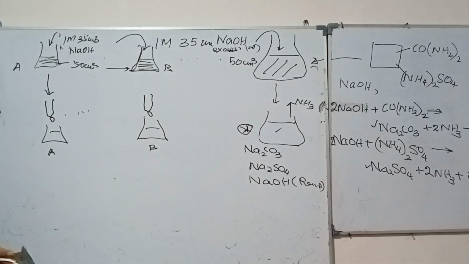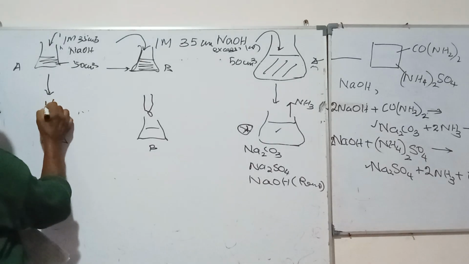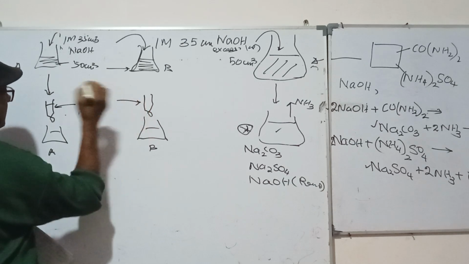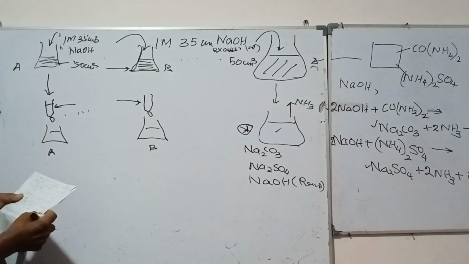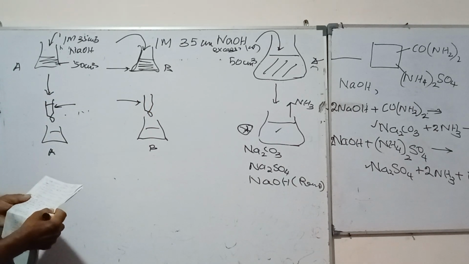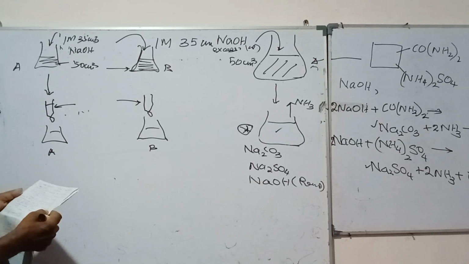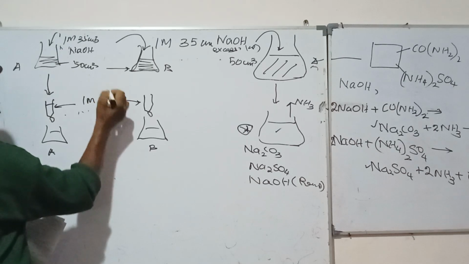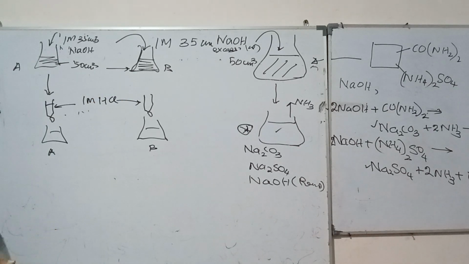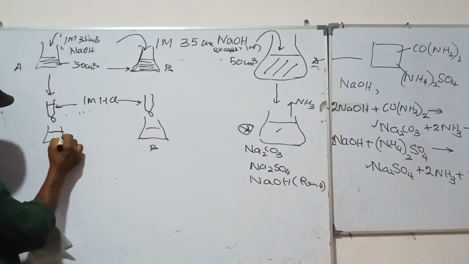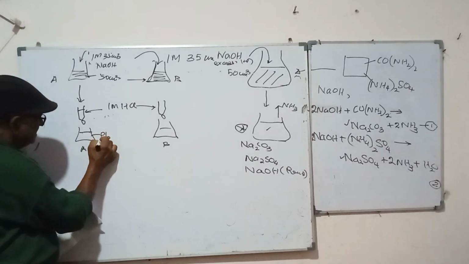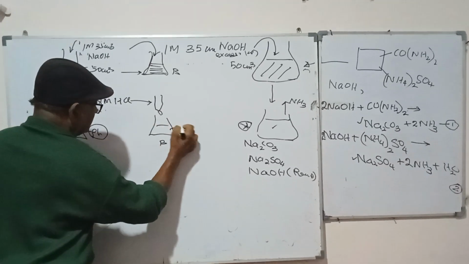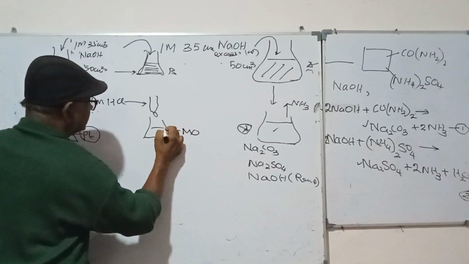Then these two solutions are titrated with 1m HCl, using phenolphthalein here as the indicator, methyl orange here as the indicator.